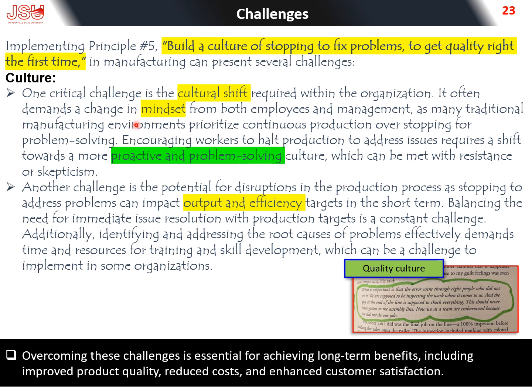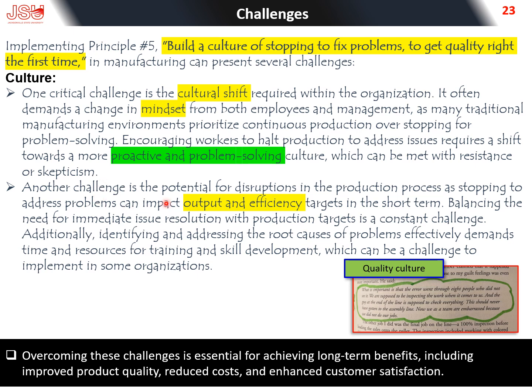It often demands a change in mindset from both employees and management, as many traditional manufacturing environments prioritize continuous production over stopping for problem solving. Encouraging workers to halt production to address issues requires a shift towards a more proactive and problem-solving culture, which can be met with resistance and skepticism.